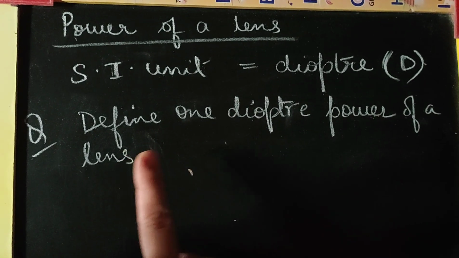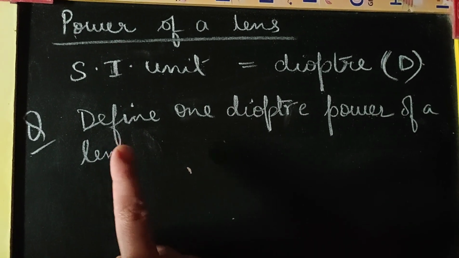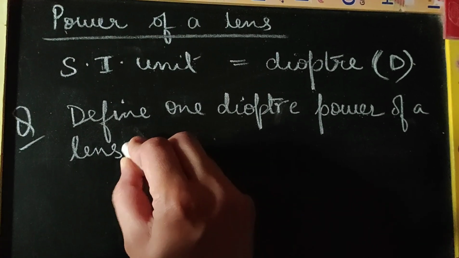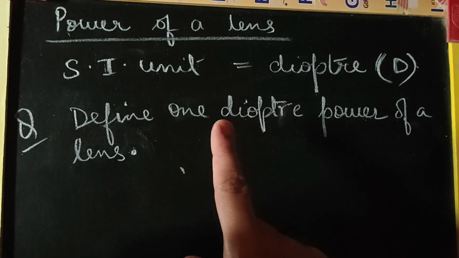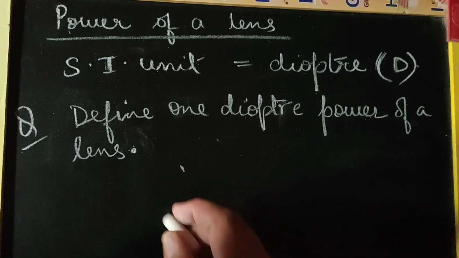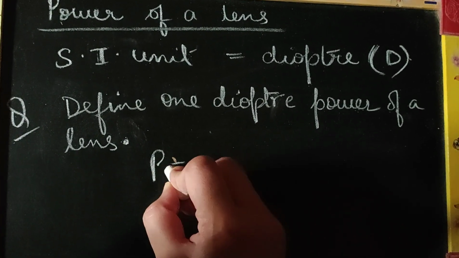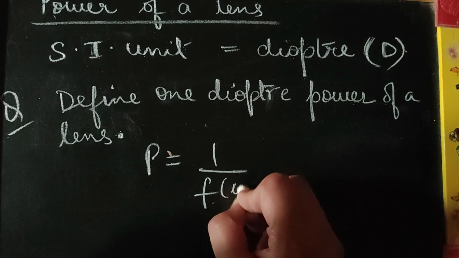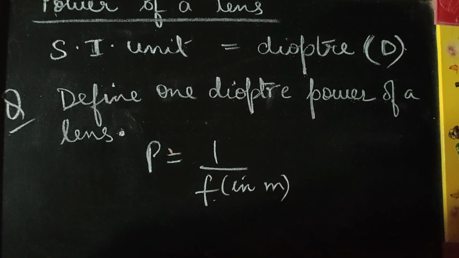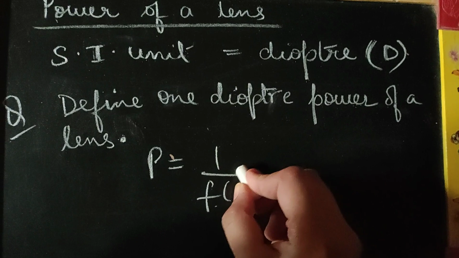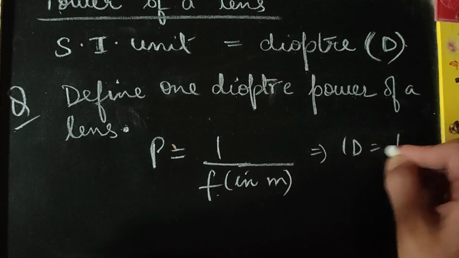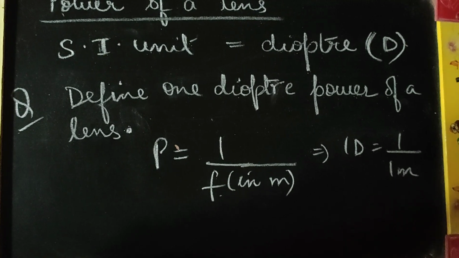Now here comes a one marker: define 1 diopter power of a lens. When we are asked to define one of a particular unit, we always start from the mathematical expression of that quantity. So power is 1 upon focal length in meters. 1 diopter would mean that the focal length of the lens is also 1 meter.